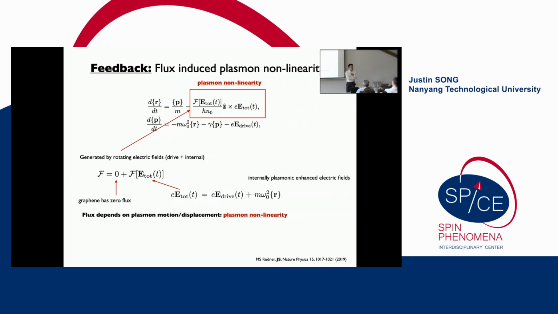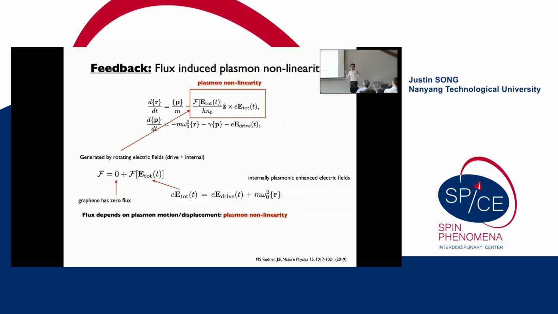And where's the nonlinearity coming from? It's coming from the Berry flux. Importantly, the Berry flux depends on the total oscillating electric field that is felt by the electrons. This includes not just the drive electric fields, but also the plasmonically enhanced electric fields as well. So that's the total, which includes the drive and the enhanced electric fields from the plasmons. As a result, this part of my equations is highly nonlinear.